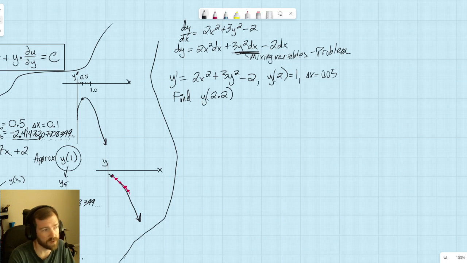And for that, we can use Euler's method, which, again, just using the same stuff we did before, says that y1 is going to be equal to y prime at, in this particular case, it uses both as an input, so this is going to be our x0, y0, times delta x, plus y0.